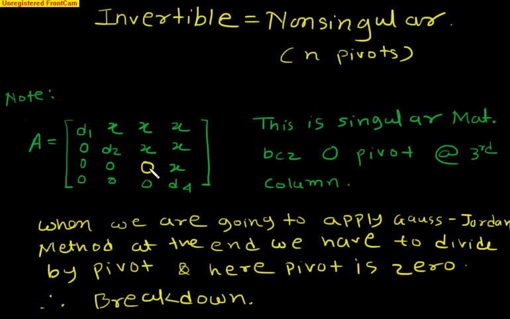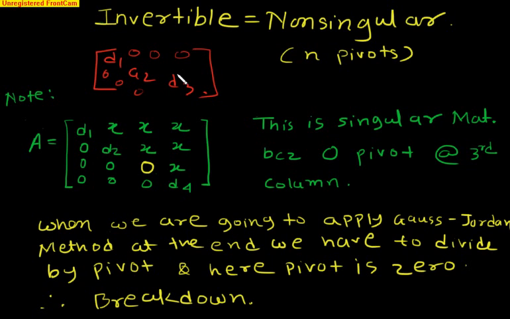Now what we do in the Gauss-Jordan method is, at the last step we divide by the diagonals to make the identity matrix. Suppose we have d1, d2, d3, like this at the second last step.